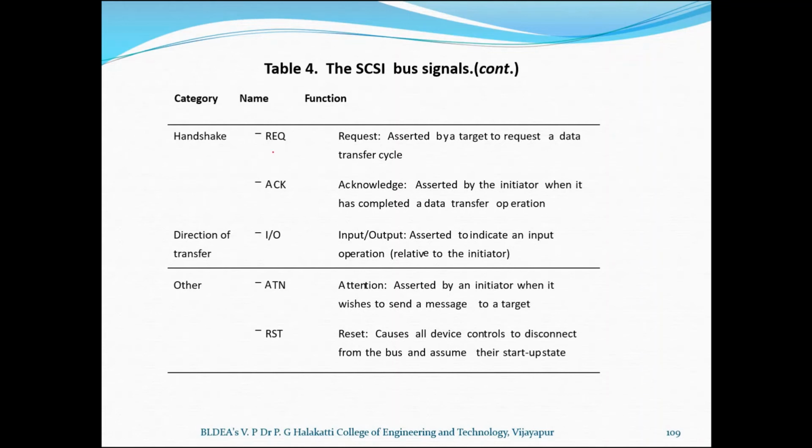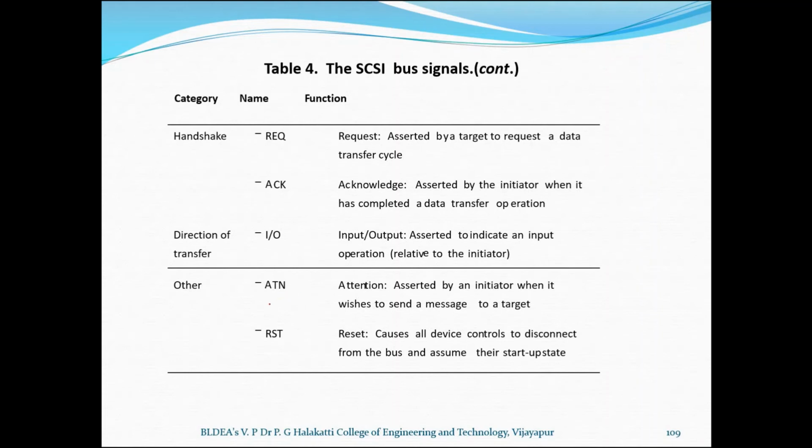The handshake signals are minus REQ, which stands for request, asserted by the target to request a data transfer cycle. Acknowledge is asserted by the initiator when it has completed a data transfer operation. Similarly, the direction of transfer, whether it is a read or write, input or output, is asserted to indicate an input operation relative to the initiator.